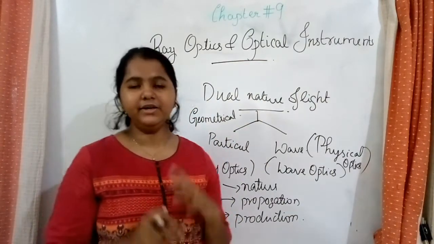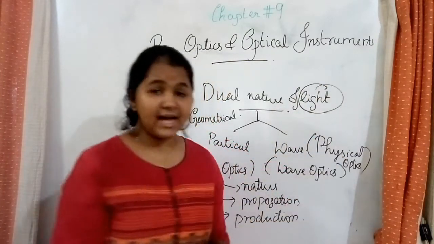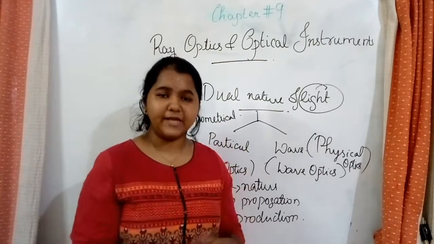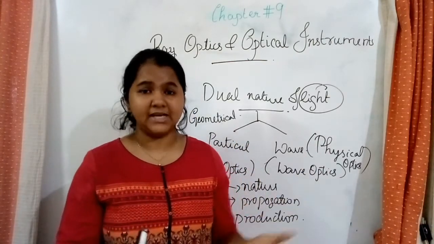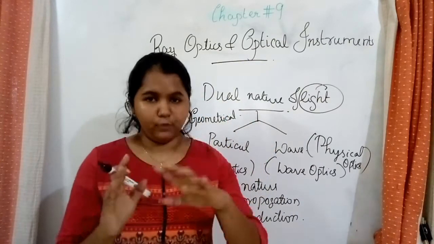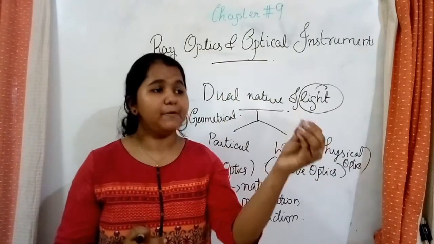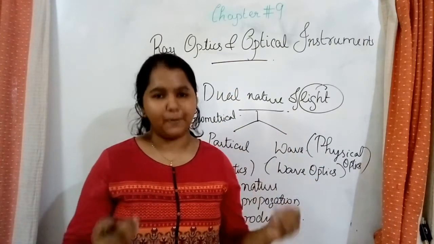So, our dual nature of light, our character is light, and light has a lot of principles, and each principle is explained by different theories. There are a lot of theories that say about light, because one theory cannot prove everything together, and therefore different theories are put forth, and some postulates or points in every theory would prove some or the other properties of light.